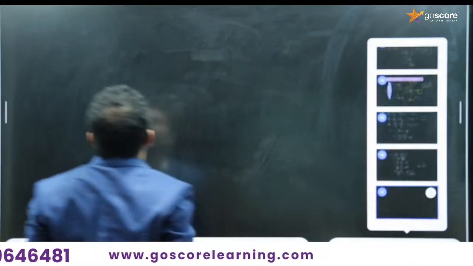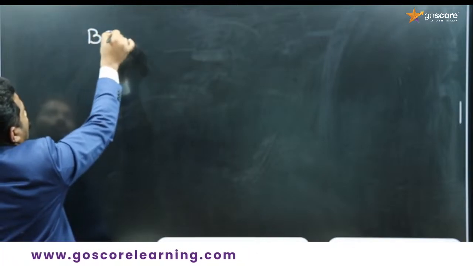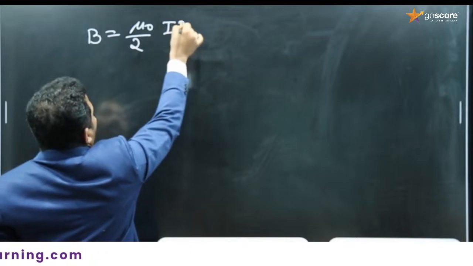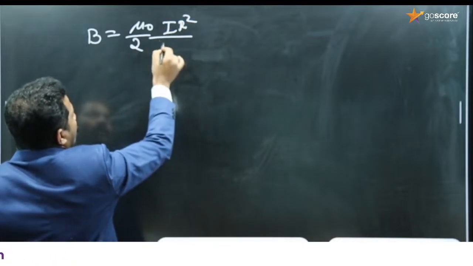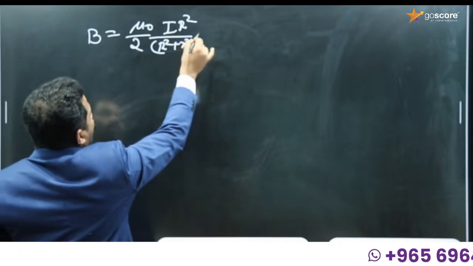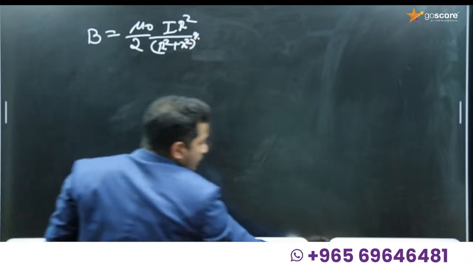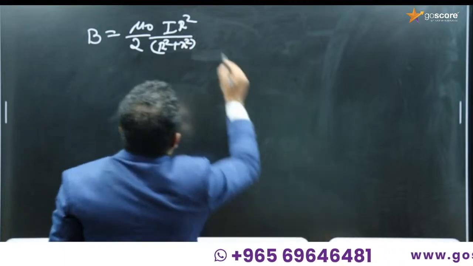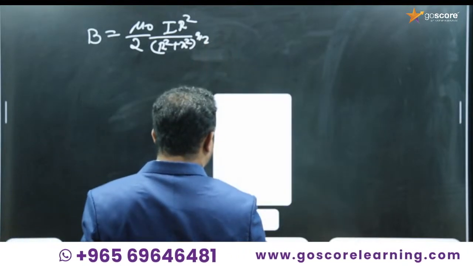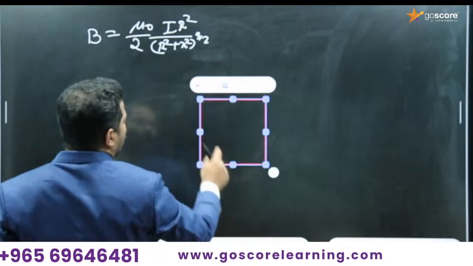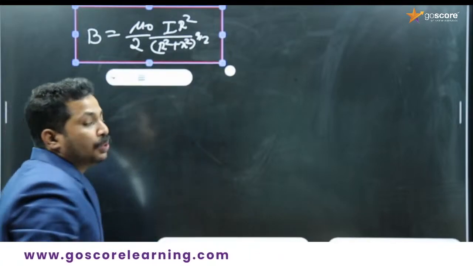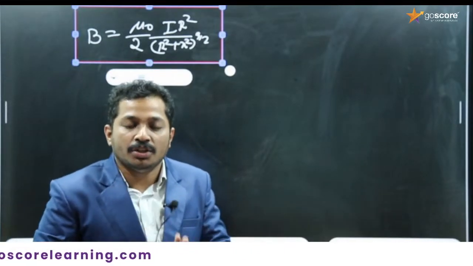So what we have got is B equals μ0/2 times I r² divided by (r² + x²) raised to 3/2. So this is the expression for the magnetic field due to a circular current loop by the application of Biot-Savart law.